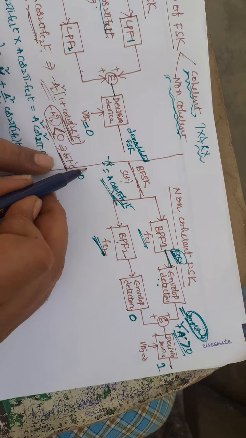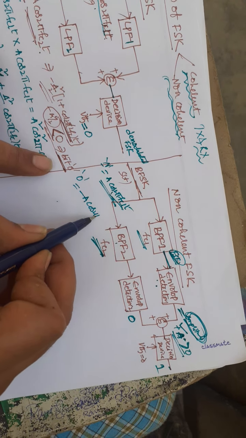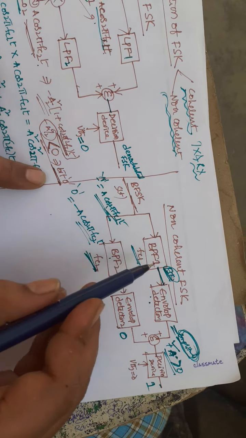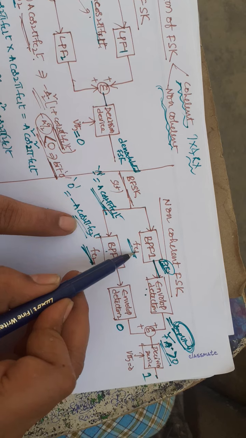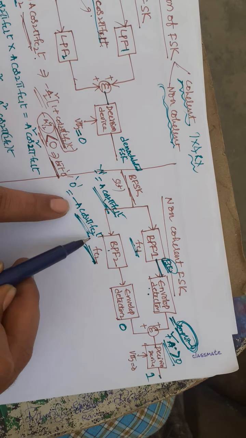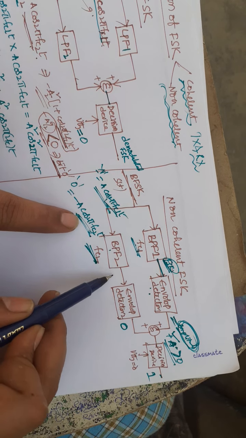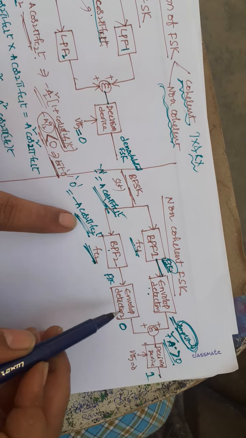Similarly, if bit 0 is transmitted, the output signal is minus A cos 2 pi fc2 t. For this case, band pass filter 1 doesn't allow this signal. Why? Because it is tuned to fc1. So only band pass filter 2 allows this signal, and this FSK signal is passed through the envelope detector.